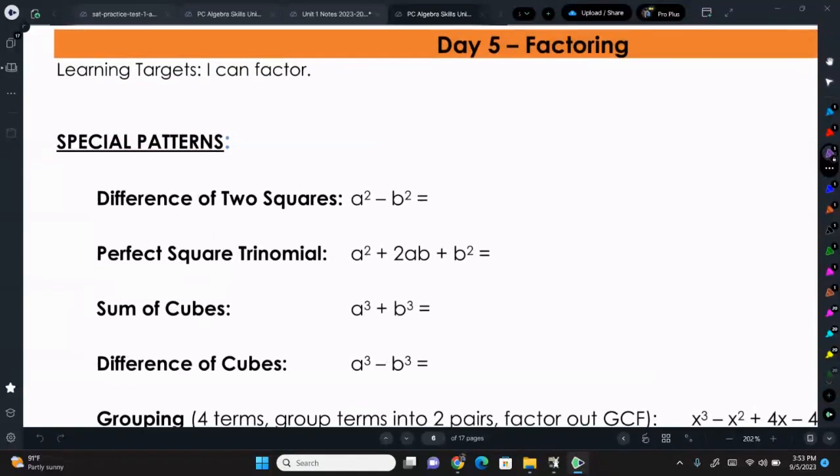Just like how there were special patterns for expanding, we're going to reverse those and have special patterns for factoring. One of them is the difference of two squares. If we have something squared minus something else squared, we can rewrite this as (a plus b) times (a minus b).